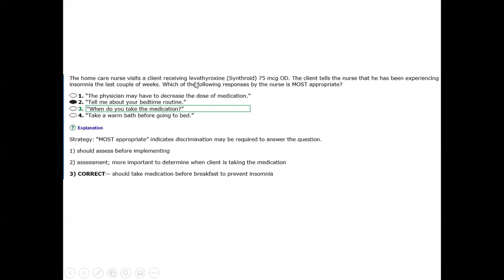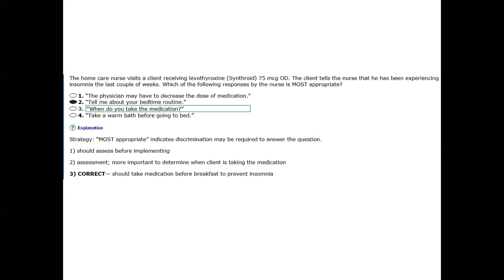As I told you, levothyroxine or Synthroid we give for hypothyroidism. When we give this medication to the patient, it is important to educate about these drugs. What is important about levothyroxine? Before starting levothyroxine, we have to count the pulse rate.